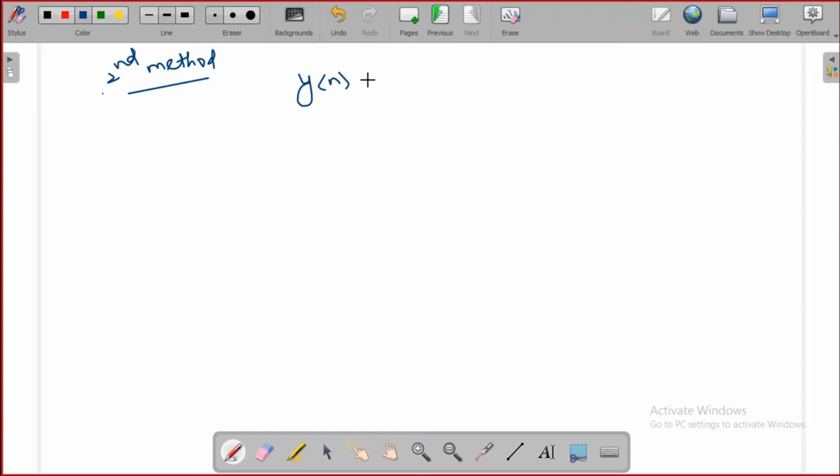y of n is equal to summation k from n minus n naught to n plus n naught x of k. So we are assuming the input is bounded, so mod x of k is bounded.